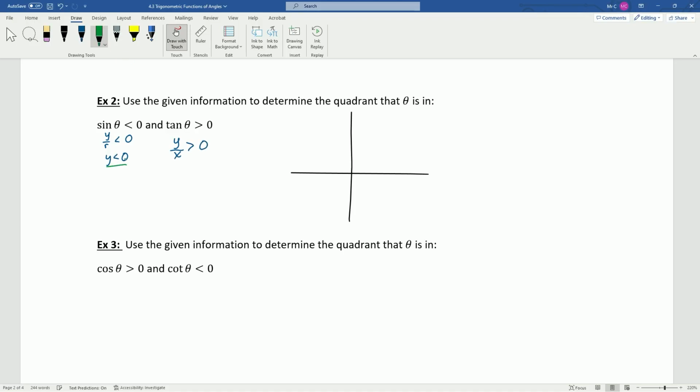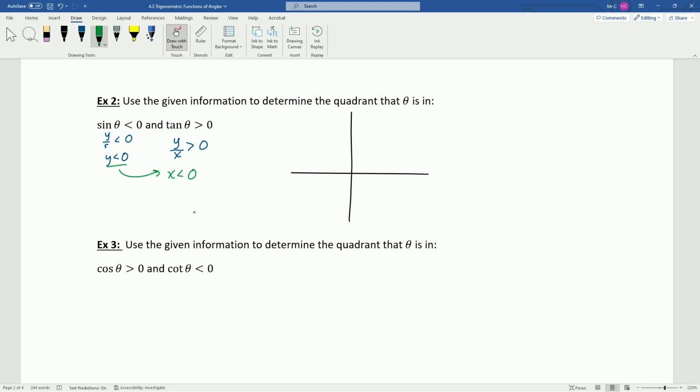So if I take the fact that y is negative, and the fact that y divided by x is positive, then x also had to be negative. Because a negative divided by a negative is a positive. If x was positive, I'd have a negative value here.